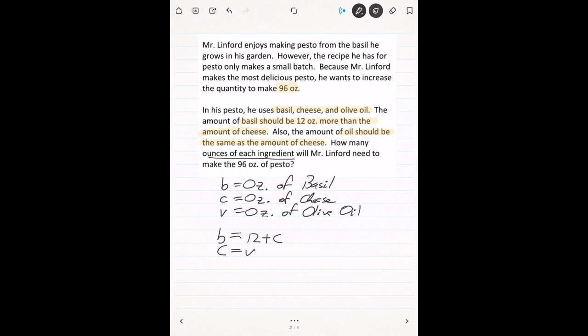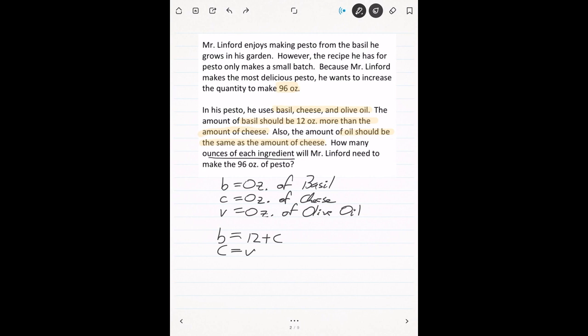Now, we seem to have run out of relationships, haven't we? Because we had this property for basil and cheese. We had this property for oil and cheese. What other relationship can we see in here between the three ingredients?